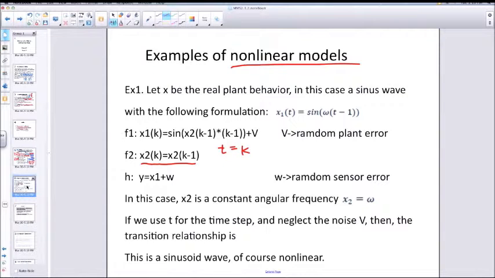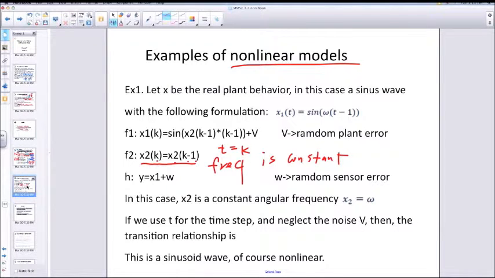And x2 at time k equals the same as x2 at k minus 1. It means it doesn't matter what time, the frequency stays the same. The frequency is a constant in this example.